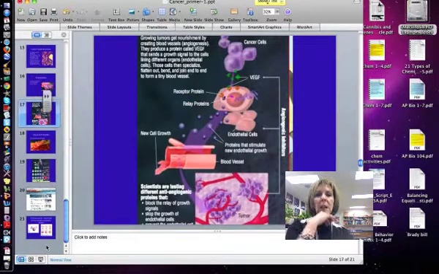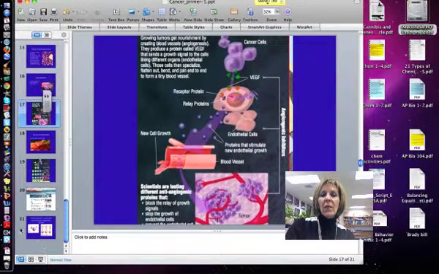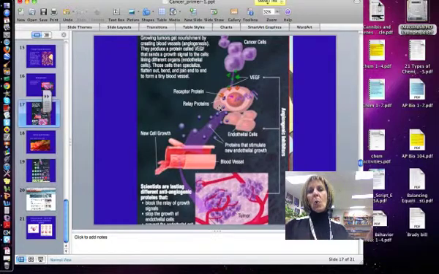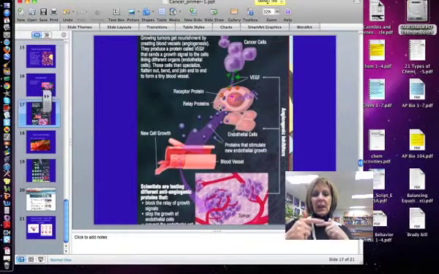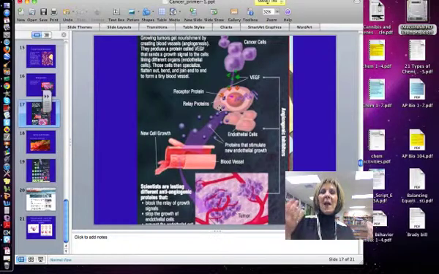cells. So one of the things that happens with cancer cells is that they can produce a protein called VEGF, and VEGF is going to send out a growth signal to cells that line the organs. These are called endothelial cells. And what happens is those endothelial cells, because of this VEGF growth factor, are going to form blood vessels, and these blood vessels then are producing a blood supply to the cancer cells.